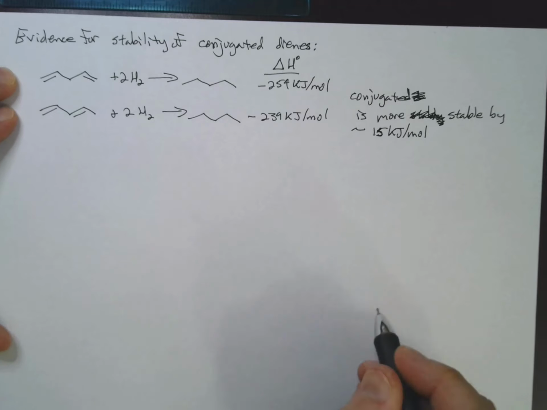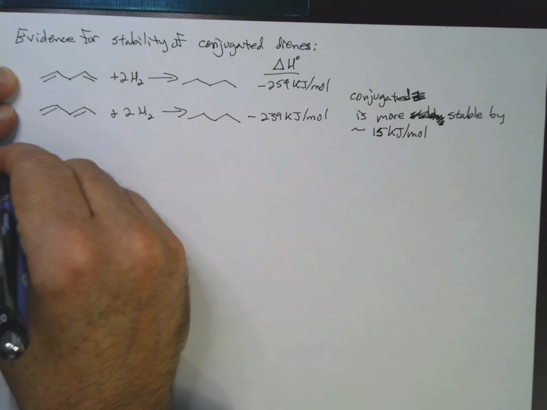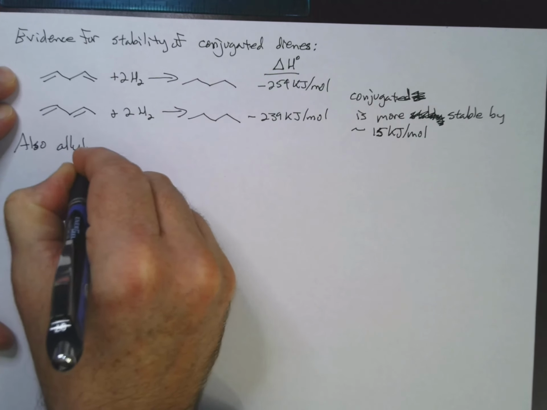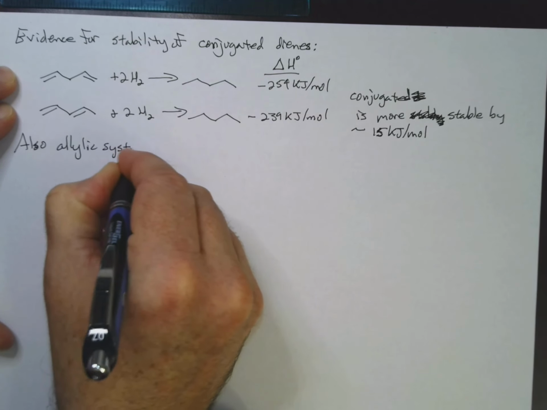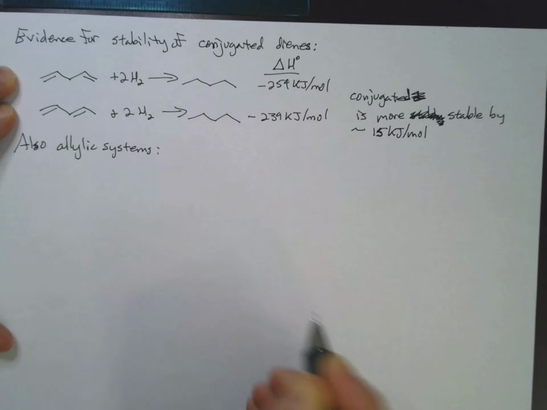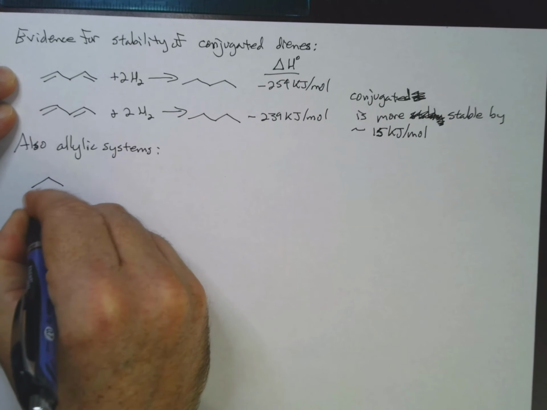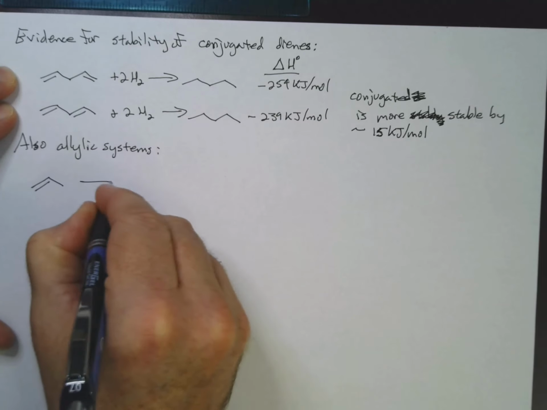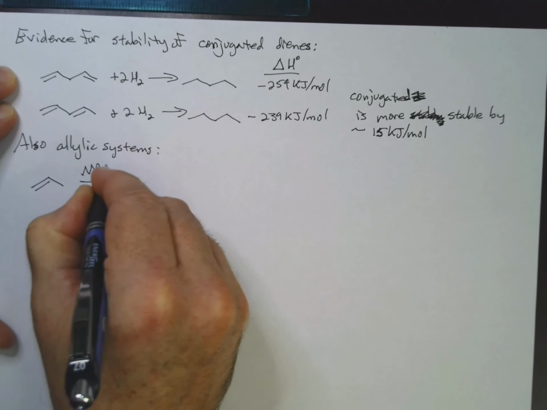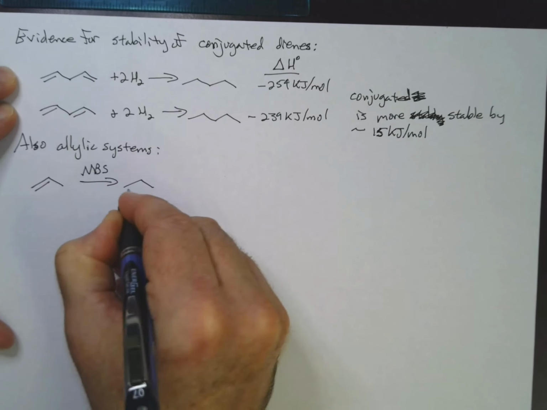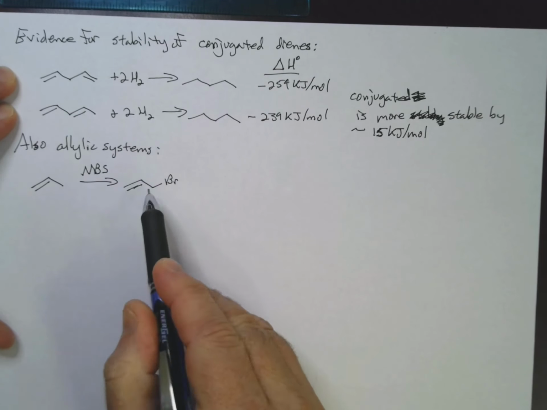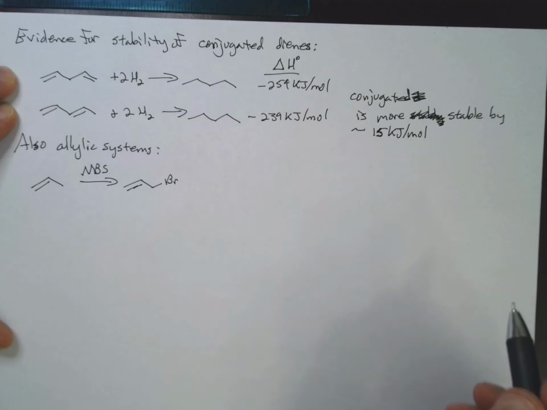There are some other interesting things too. What if we looked at an allylic system? Now, if we use NBS, we get bromination at the allylic position there.